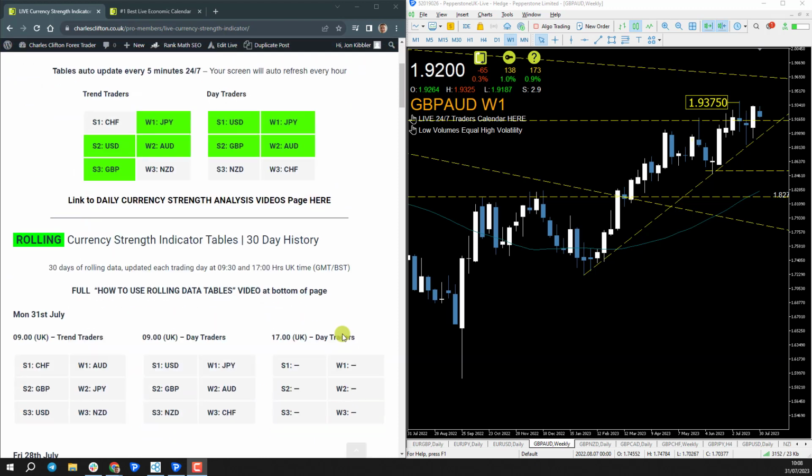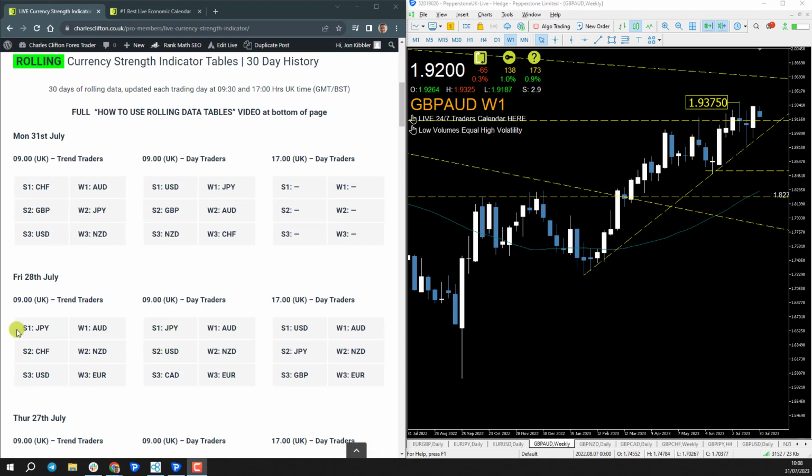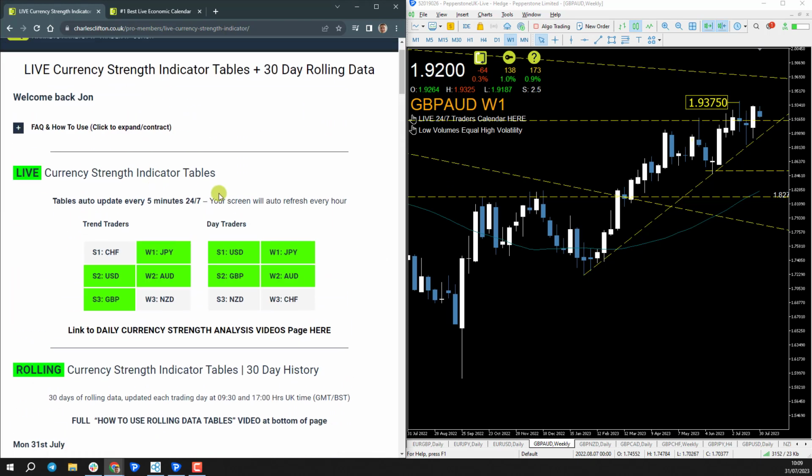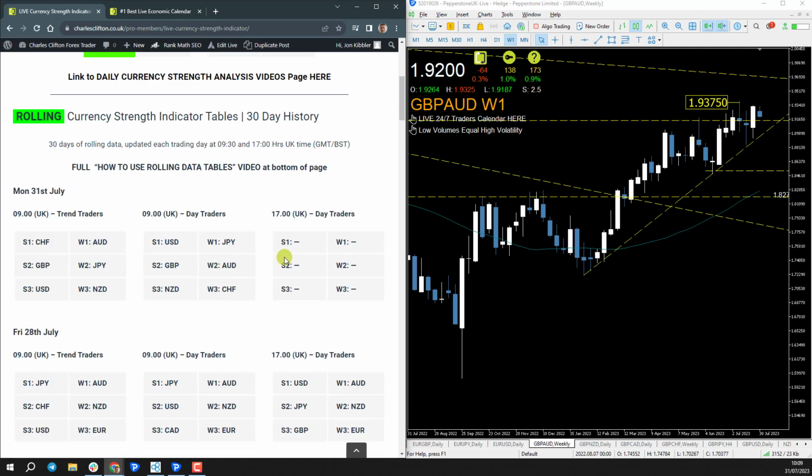Now the yen on Friday was a strong currency. You can see that it topped both the trend traders and the day traders as S1. By 5 p.m. that had turned into S2, and by this morning it's actually completely turned around and it's on the opposite side of the table. So that's something interesting to note.